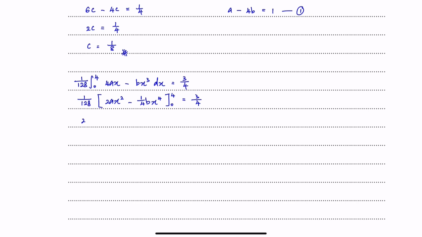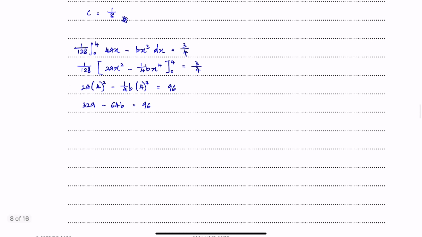So we have 2a times 4 squared minus 1 over 4b times 4 to the 4 equals 96, because I move this to the right side. So now we have 32a minus 64b equals 96. So a minus 2b equals 3. And this would be our second equation.